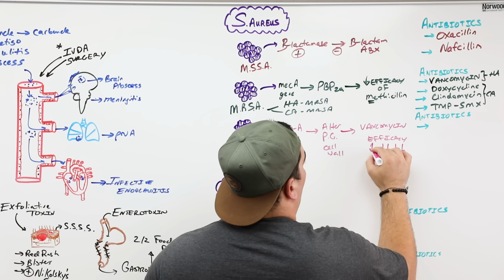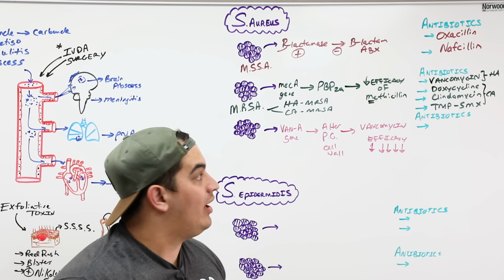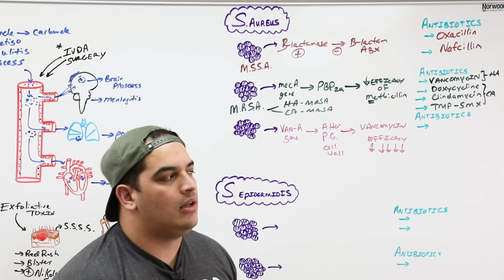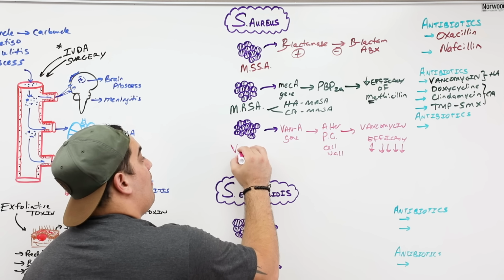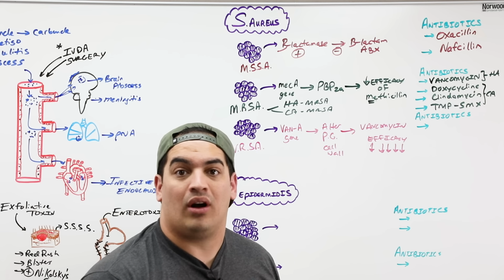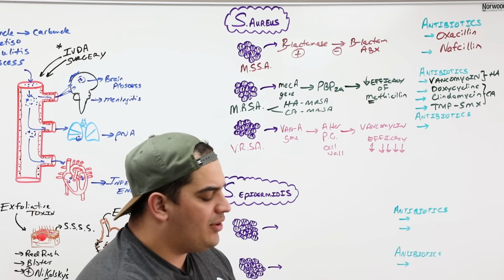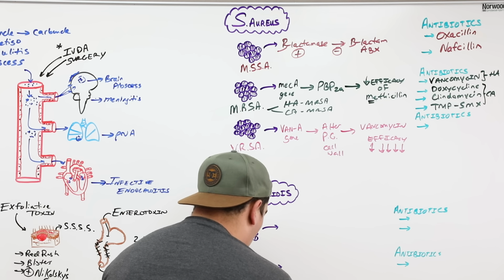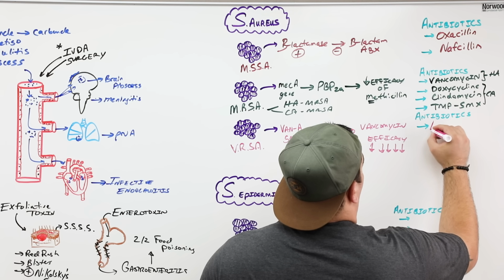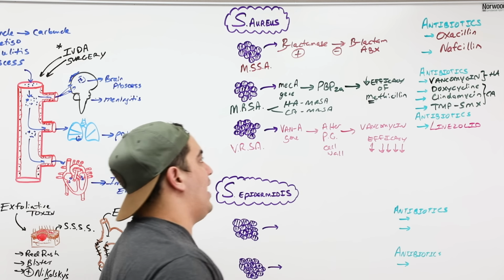So vancomycin won't be able to inhibit the cell wall synthesis process anymore, and I'll be able to survive despite the presence of vancomycin. Now we have vancomycin-resistant Staphylococcus aureus. So now I can't use vancomycin anymore. I've got to find other antibiotics to treat this type of bacteria, and there's a bunch of these. The big one to remember, probably for exams, is linezolid. So don't forget that.